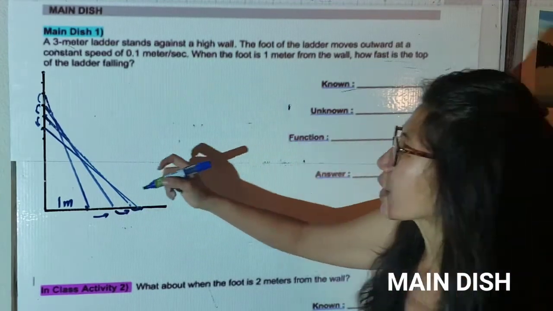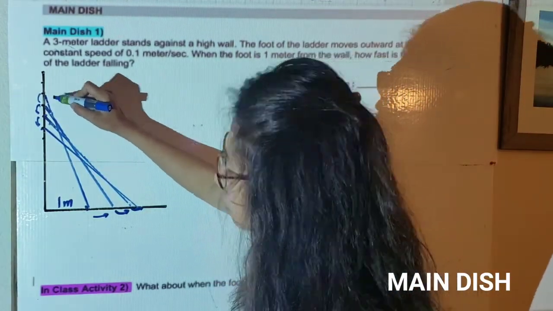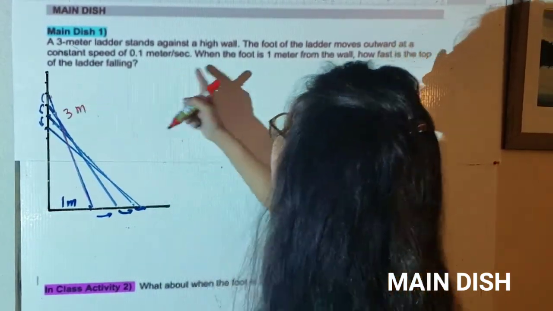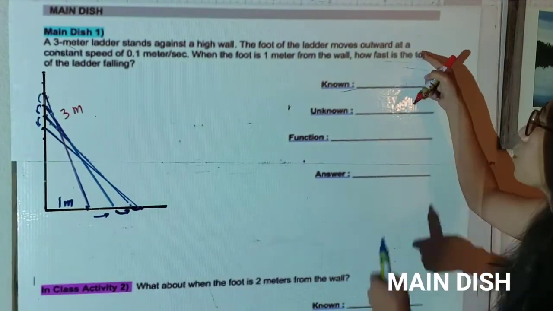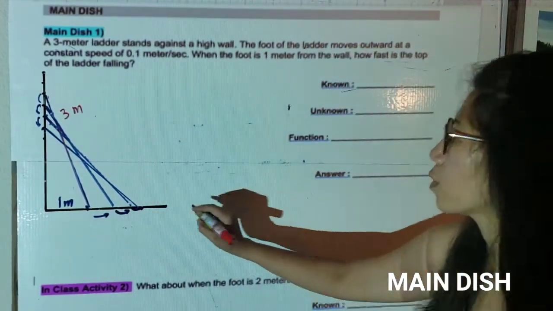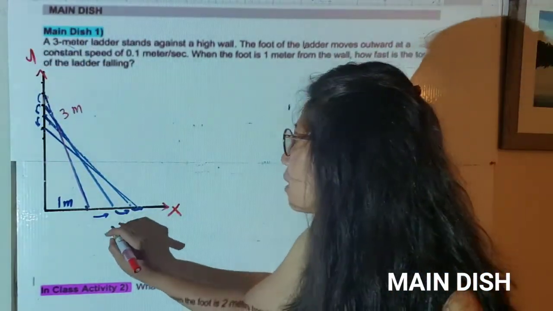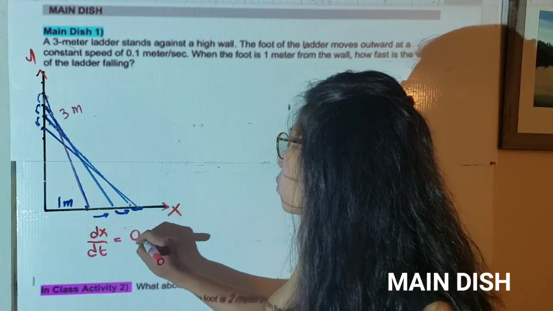So now I can explain. The ladder is 3 meters. So let me mark it in red. So that is 3 meters, and it moves outward. So let's put the information. The ladder moves outward. Then I can set this one as x, this one as y. So I know that dx/dt is going to be 0.1.